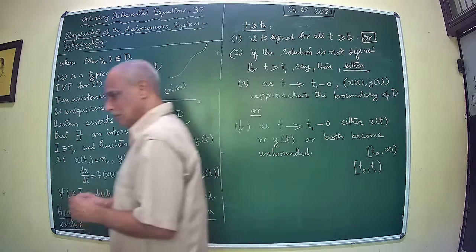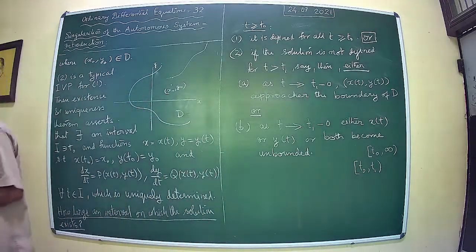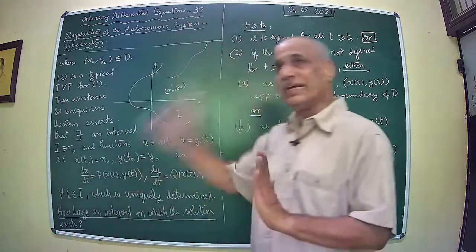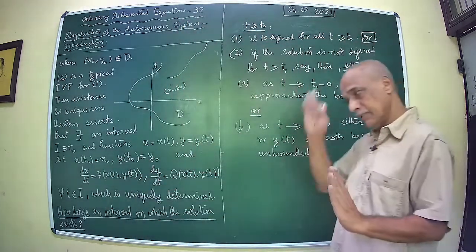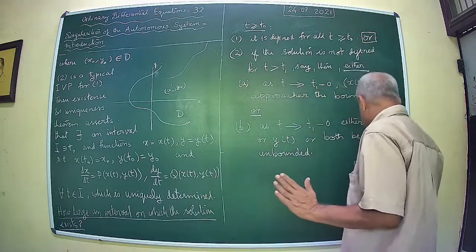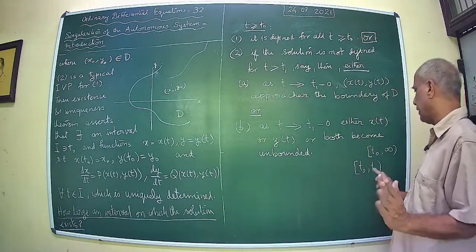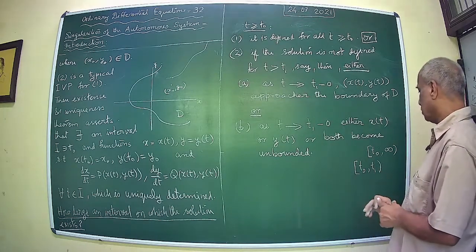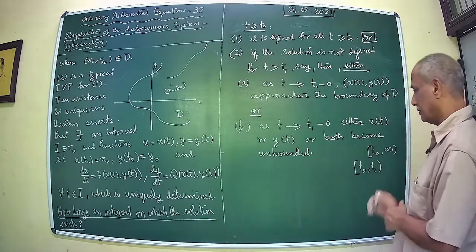Now these are the various possibilities. In other words, what you can say is that there is a t1, this may be infinity, so that this is the maximal interval on which the solution is defined to the right of t naught.